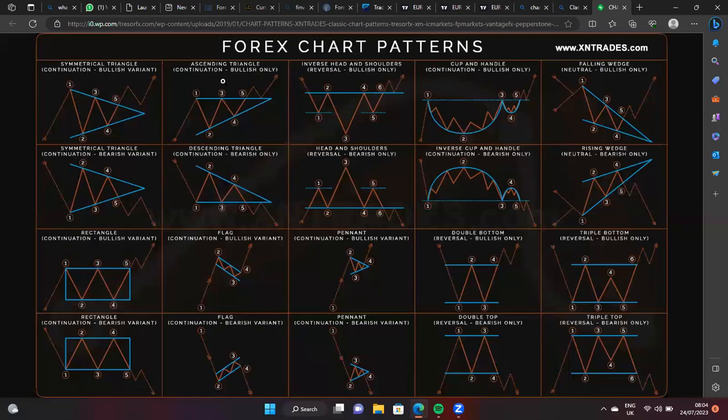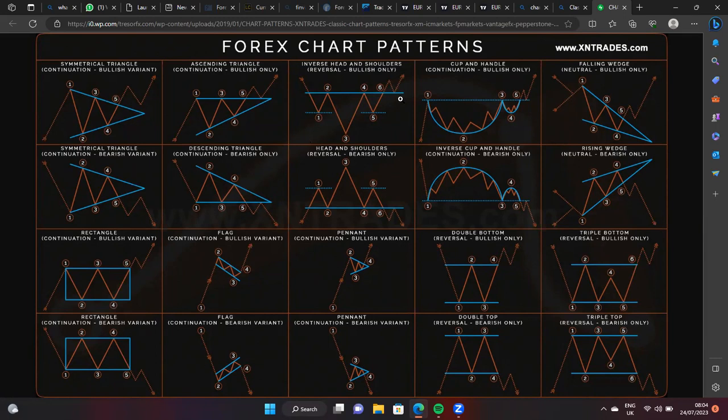Forex chart patterns have 80% potential power of reversing a trend. But I will talk about just the reversal patterns alone, since we're looking at reversals today.